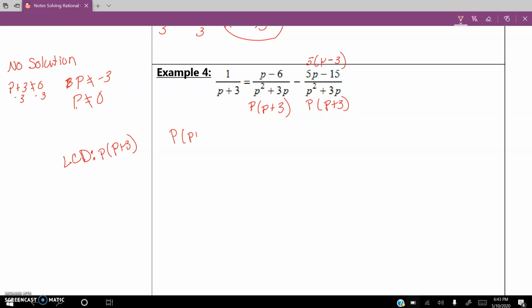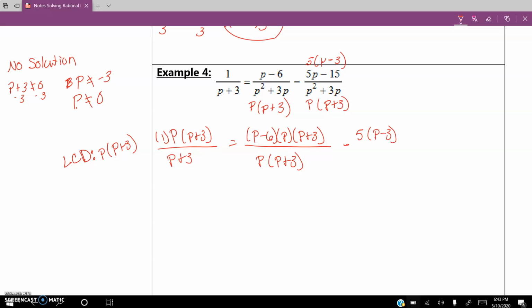So p plus 3 all times 1 over p plus 3 equals p minus 6 times p times p plus 3 all over p times p plus 3, minus 5 p minus 3 times p plus 3 all over p times p plus 3.